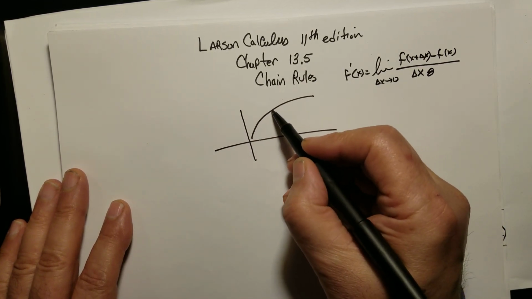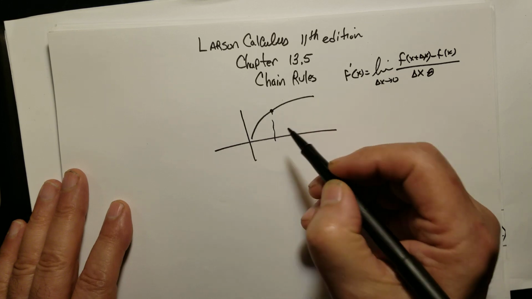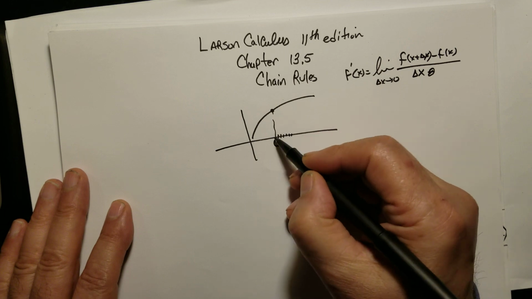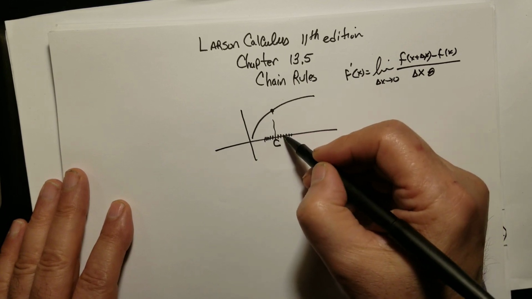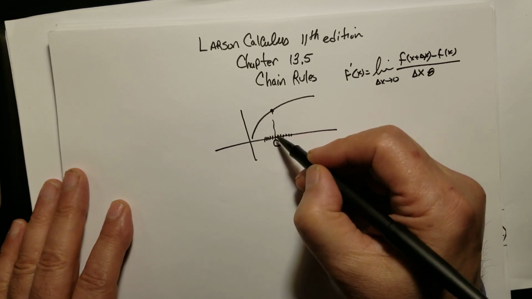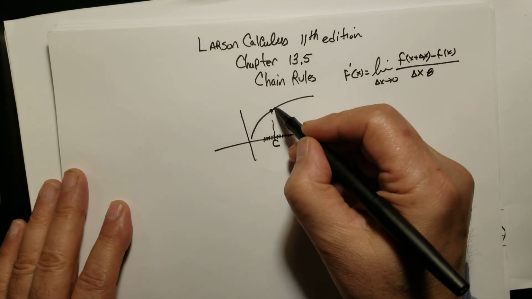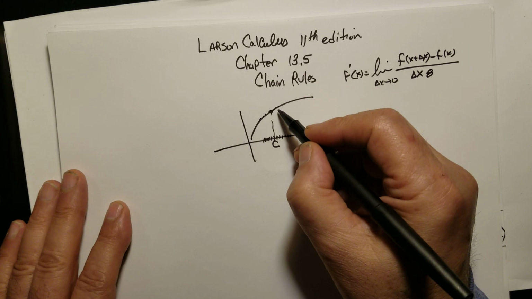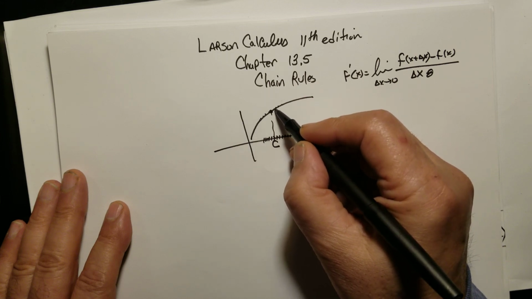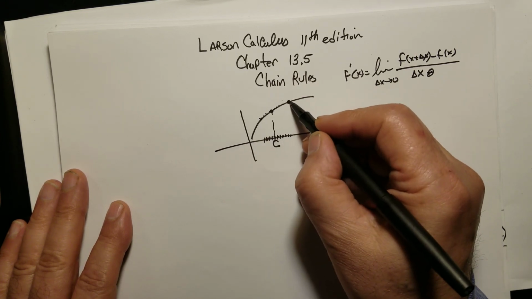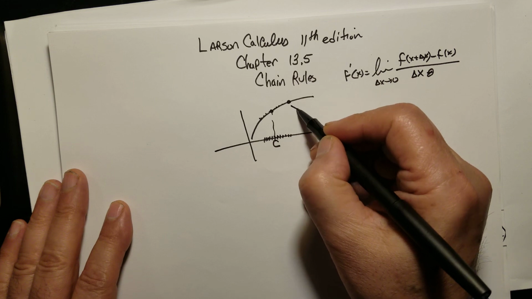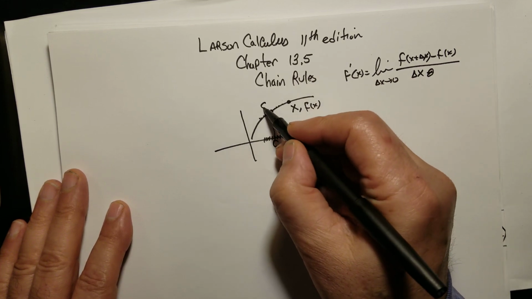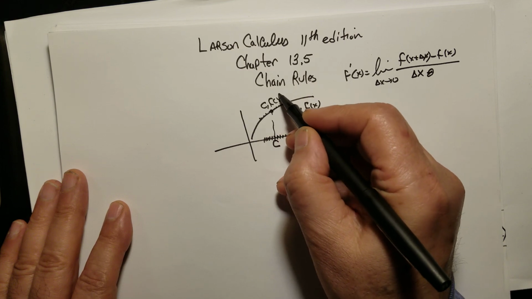If we had a continuous function at the point c, and in this neighborhood of point c, for every one of these x values, we did have a y value. Therefore, I can pick an arbitrary point either to the right or the left and call it point x, and the y value is f of x, and this one is c and f of c.